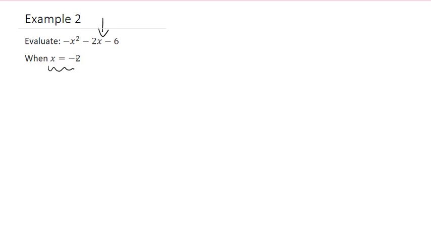So let's do that. This then becomes, we have a negative out here. Then we're going to place our parentheses here, because remember that we're always going to put the parentheses when we substitute in our value. So now we have this -2 raised to the second power minus 2, and then we have -2 minus 6.